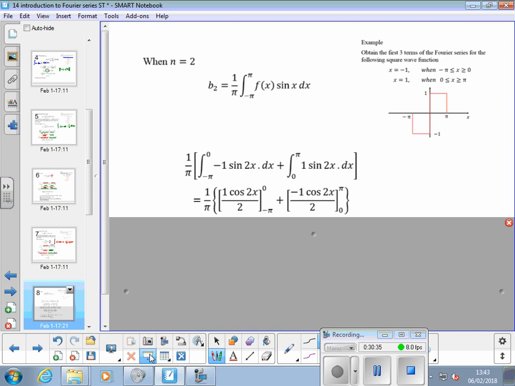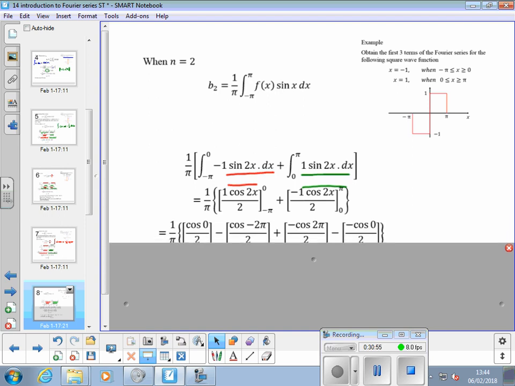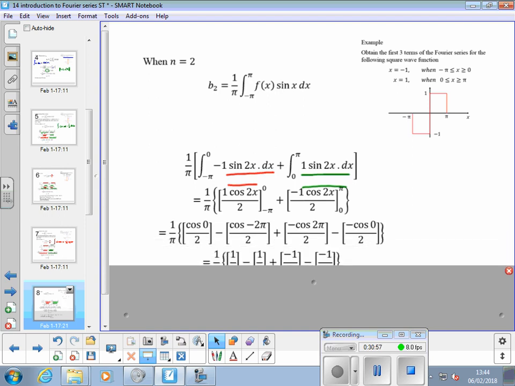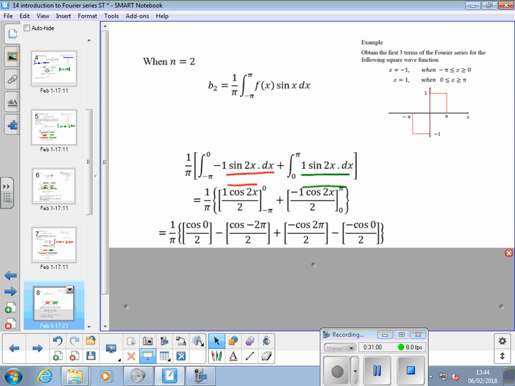So these two bits coincide with each other. And these two bits coincide with each other. Separating all of that out. So that bit goes with the red. That bit goes with the green.